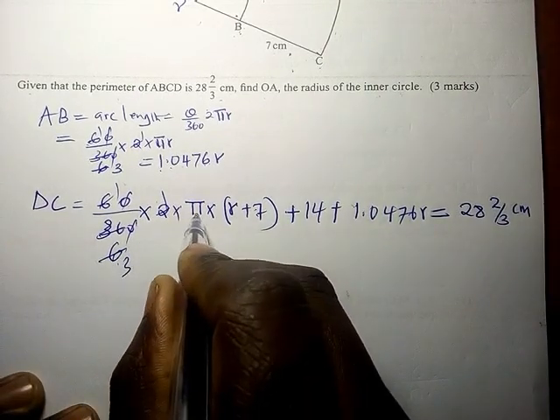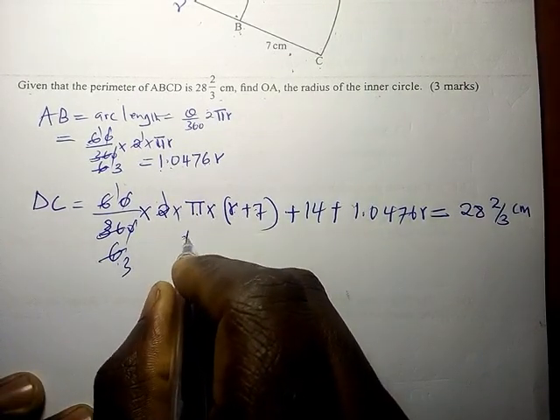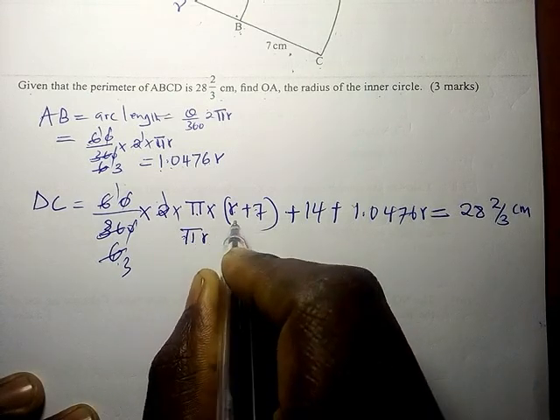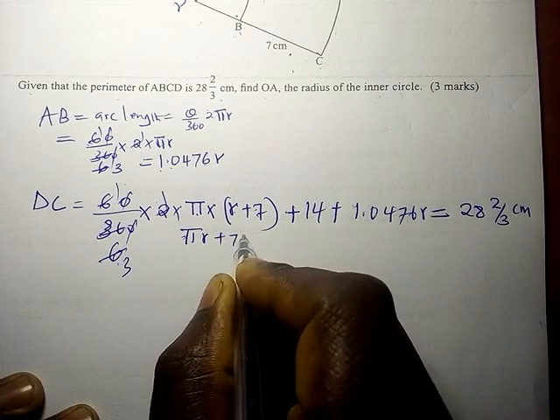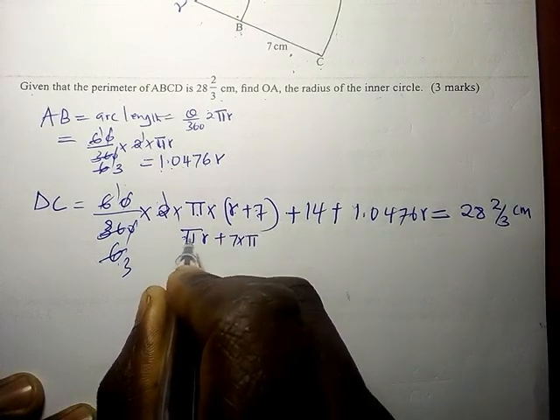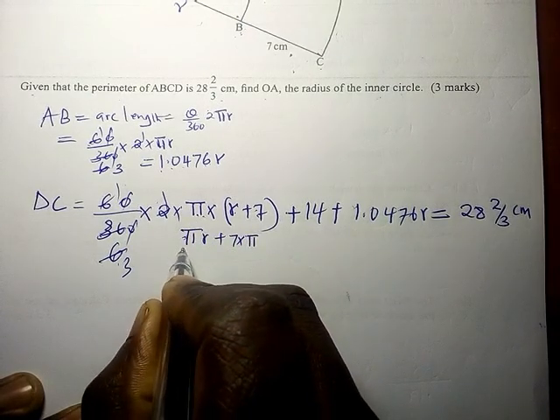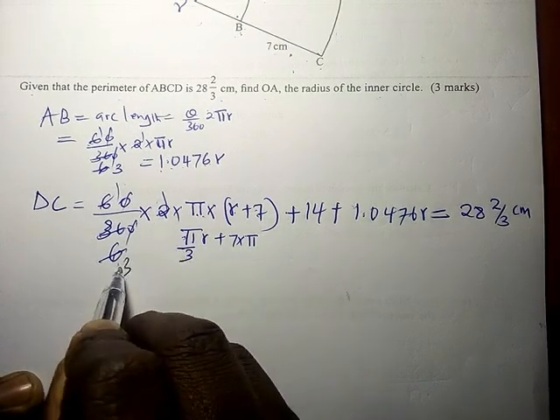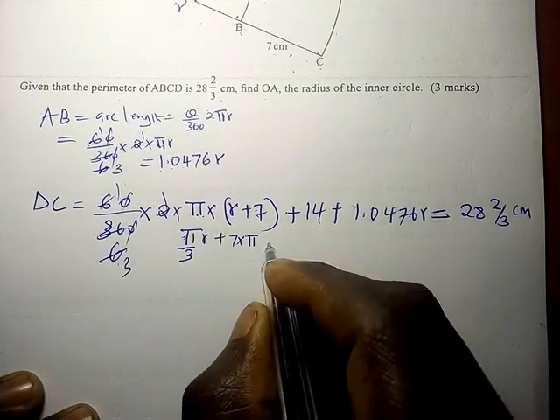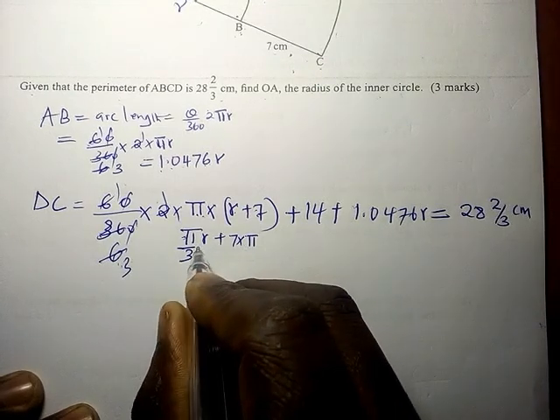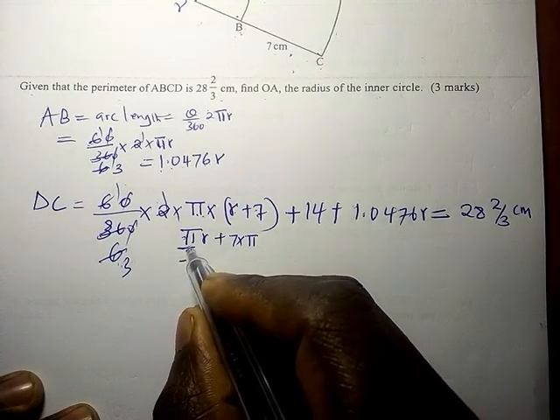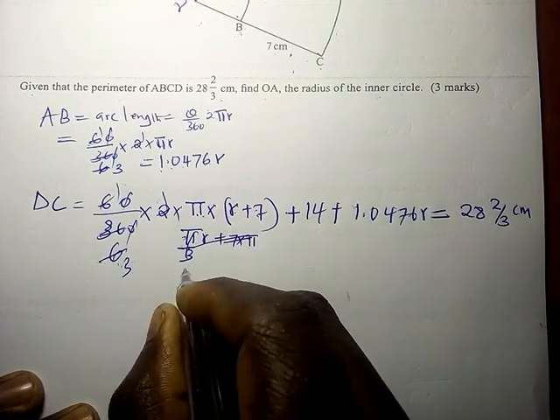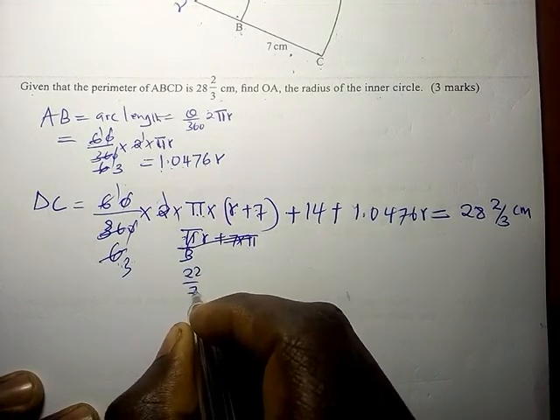We have pi times r, plus 7 times pi, divided by 3. Or to avoid this confusion, let me remove this pi and use 22/7.